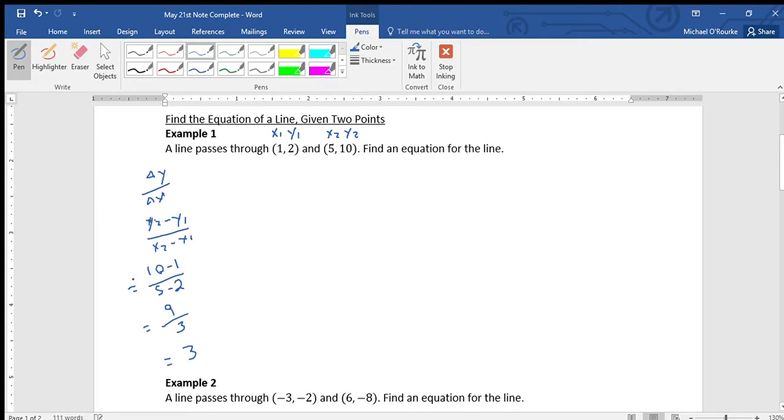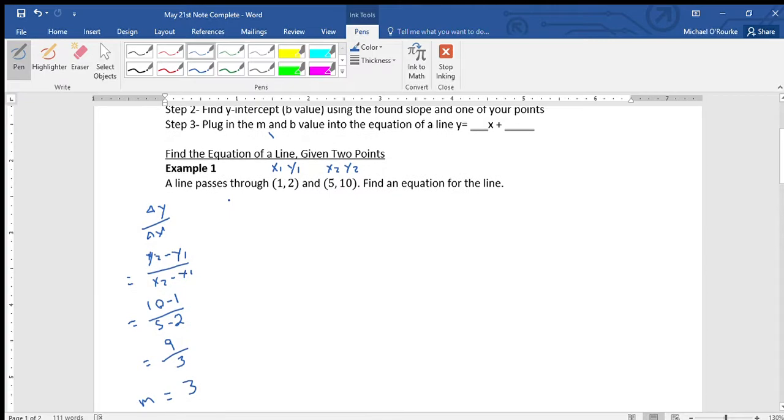I realize I need to slow down so people who are taking the notes can write them out. Now, this is our m. Perfect.